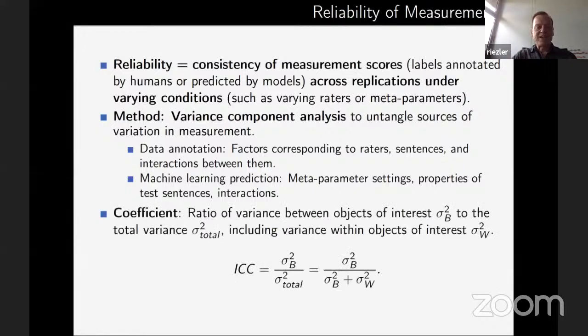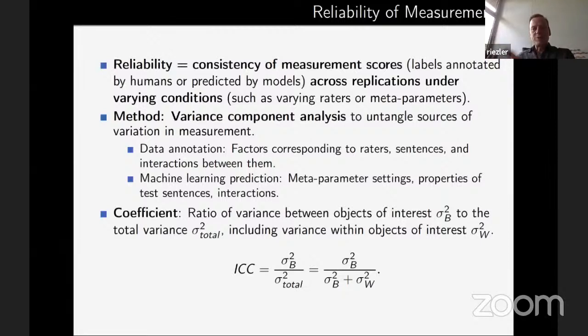Then we define a coefficient, which dates back to Fisher, who defined it in the 1950s and gave it the name intra-class correlation coefficient. We don't have to be hung up on the name. The idea is the ratio of variance between objects of interest, in our case the sentences in the test set.